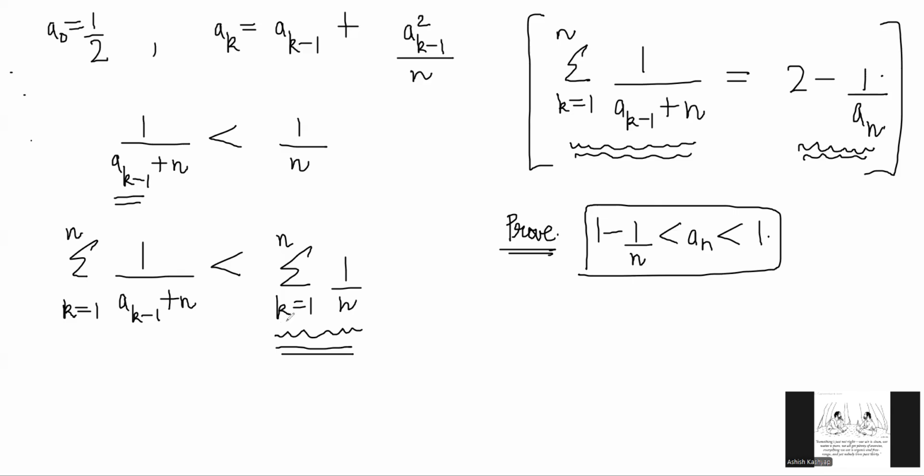Notice that the summation is over k, but the quantity inside the sum does not have k, right? So this is just n times 1 over n plus 1 over n plus 1 over n, n times. So this is equal to 1, right?